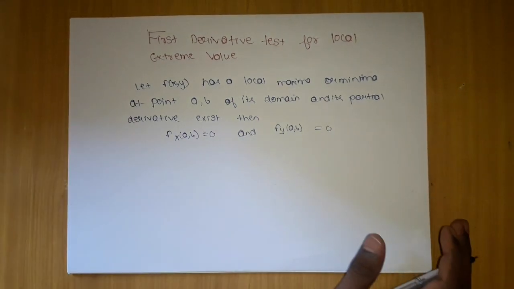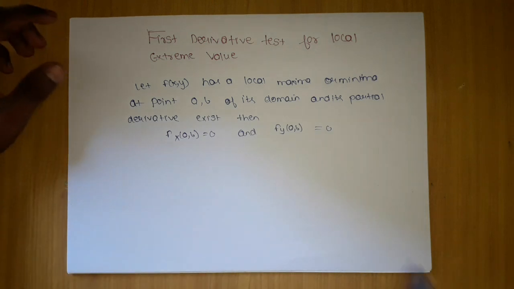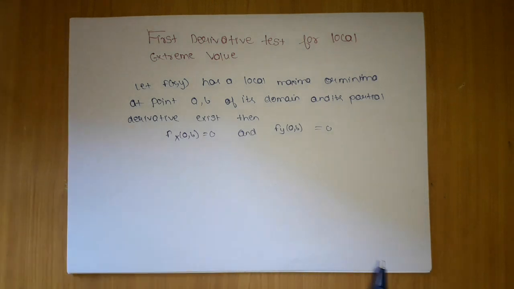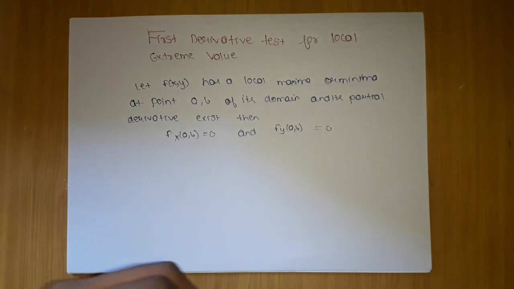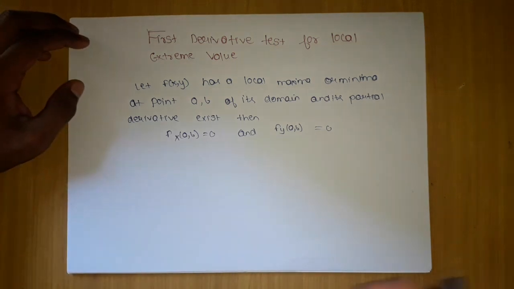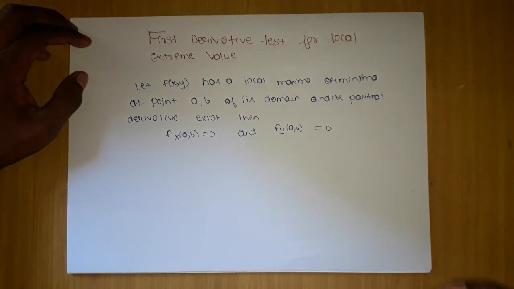What this wants to convey is, if a function gives a maximum or minimum value at some point (a, b), which belongs to the interior of the function, meaning the domain of the function, then its partial derivatives will for 100% exist.